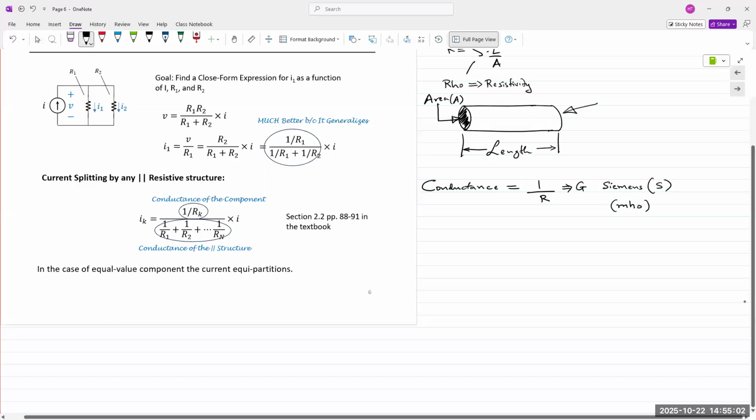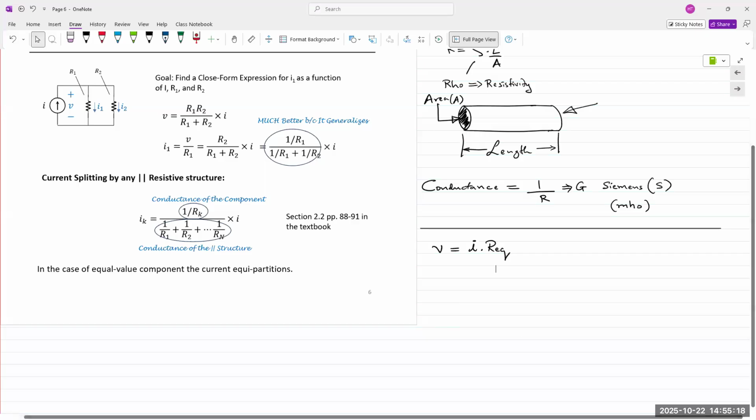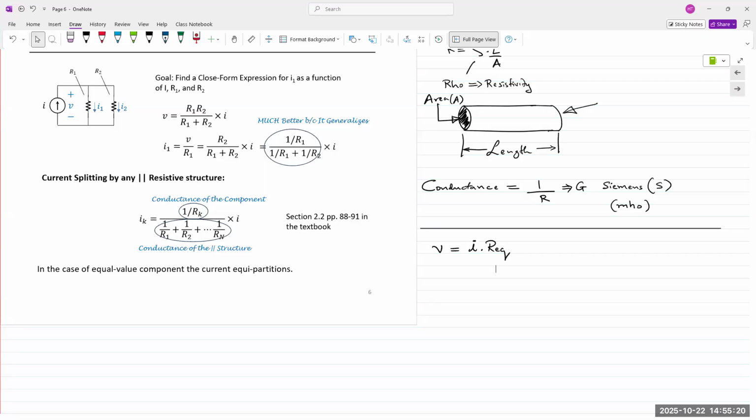Current division principle applies only to resistors in parallel. It's determined by finding total voltage V in that parallel sum by finding REQ. And REQ, of course, is R1 R2 over R1 plus R2. I1 is V over R1.